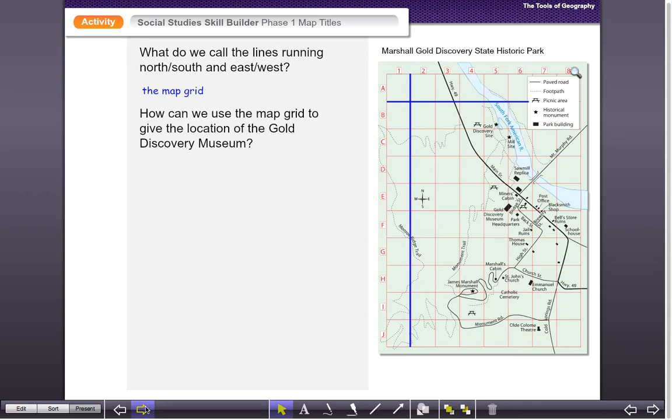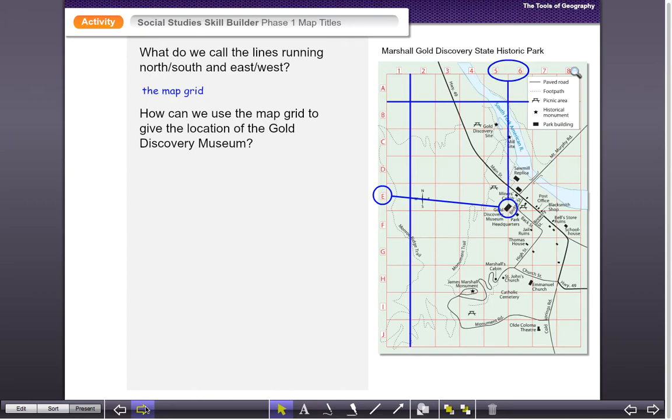How can you use the map grid to give the location of the Gold Discovery Museum on this particular map? We can locate the Gold Discovery Museum by using those grids. If you notice, this falls into the E row, and then it falls into the columns labeled 5 and 6.